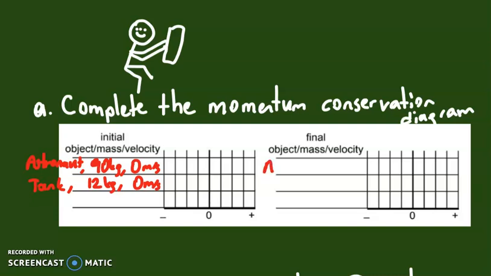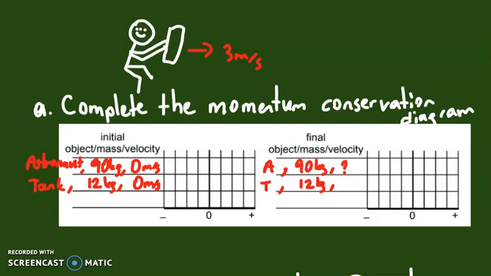Again, the same mass and same object. I'm going to just put here astronaut, and the mass of it is 90, and the velocity of it is question mark. We don't know it. The second object is tank, and the mass of it is 12 kilogram, and the velocity of it is, let's say it goes this direction with a 3 meter per second velocity, then the person needs to go in the opposite direction.